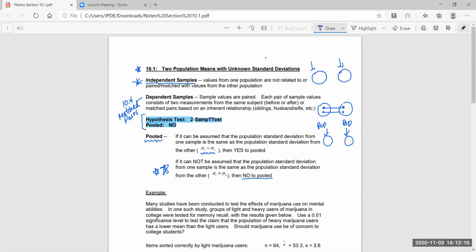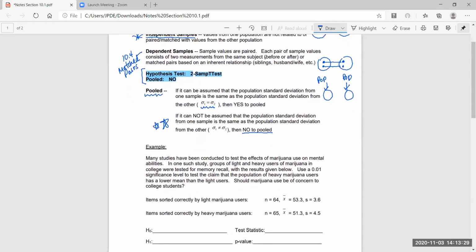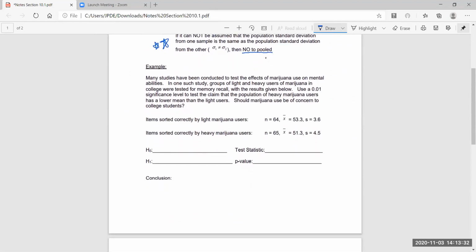Okay, so we're going to look at our examples. I think you're going to find, for the most part, these are just an extension of what we were doing before. When you look at the examples, you're going to see we're still finding our null and alternative hypothesis statements. We're still finding a test statistic and a p-value, and we're still writing a conclusion.